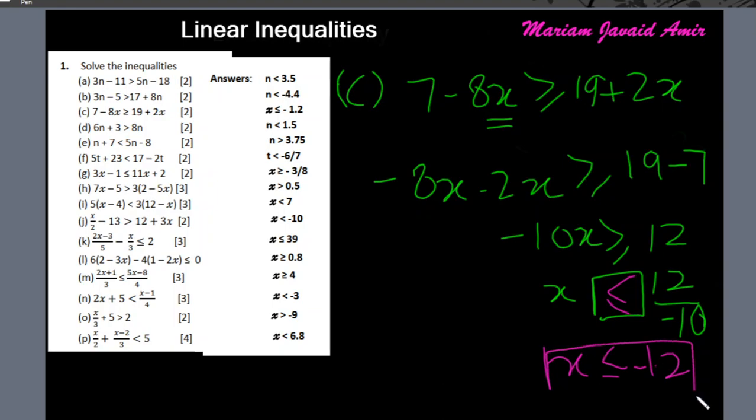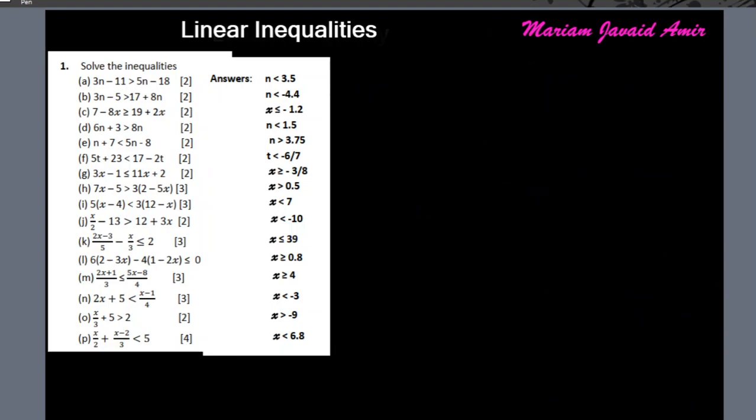Here we get the same answer as before, but keep this in mind that if in the second last expression your coefficient of x is negative and you have to multiply or divide a negative number to the other side, you have to flip the sign of the inequality. So in order to avoid this, it's better to rearrange in such a way that the coefficient of x is positive.